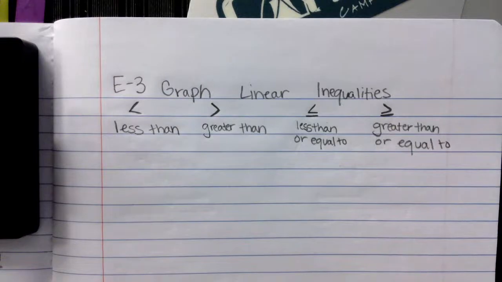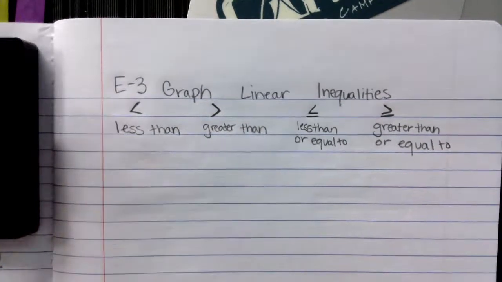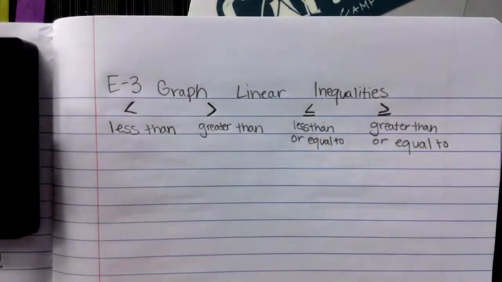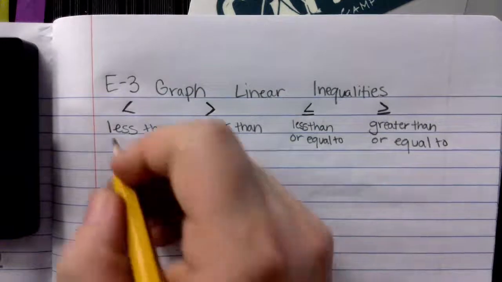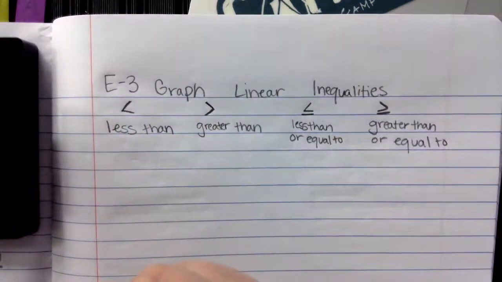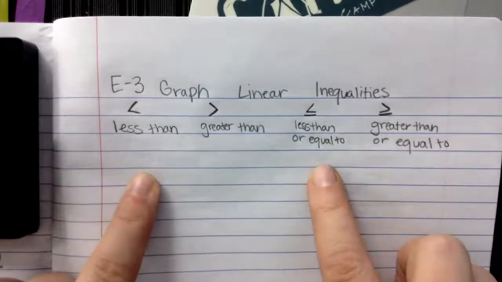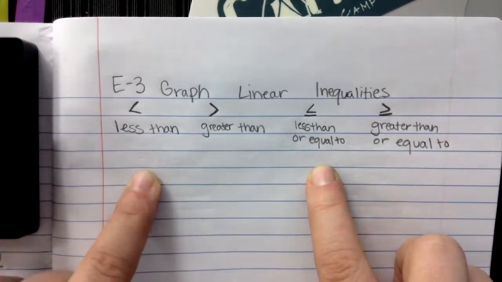All right, less than. How do I show less than on a graph? What's the difference between less than and less than or equal to? Open and closed. Which one is open? Yeah, less than gets an open circle, which means you can see the inside of the circle.